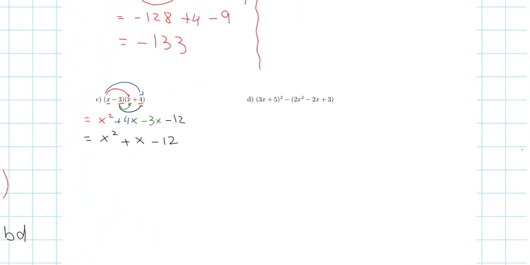Distribute the exponent in the bracket. What does it mean if I have 3x plus 5 squared? I can write it 2 times. Do not distribute the 2 in, because unless I have multiplication, I can't just distribute the 2 in. Because it's an addition, you can't. So basically, you're going to have to write this twice, because that's the same thing.